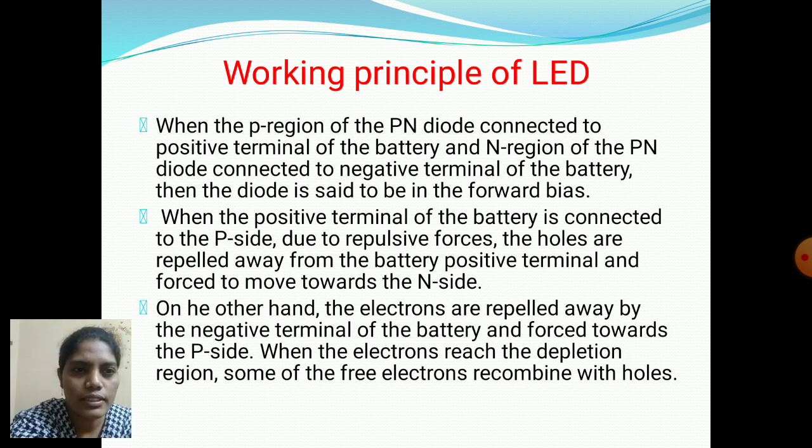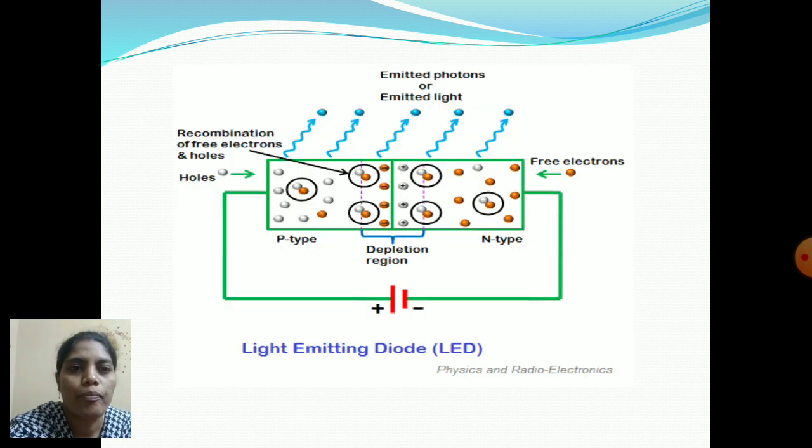Because of this, the electrons in the N side are forced towards the P side. When the electrons reach the depletion region, some of the free electrons recombine with holes which are coming towards the N side, that we can see here in the diagram.